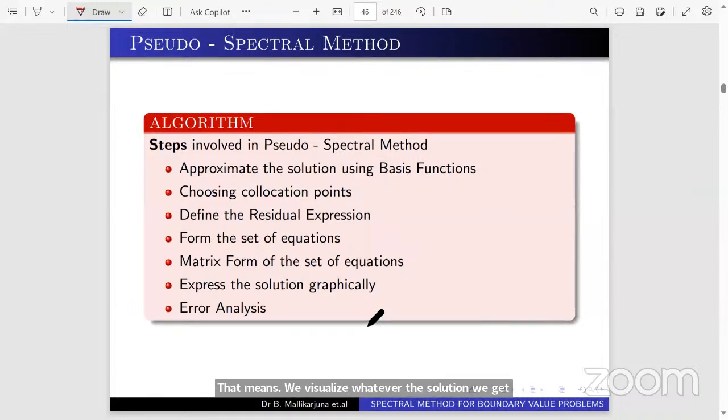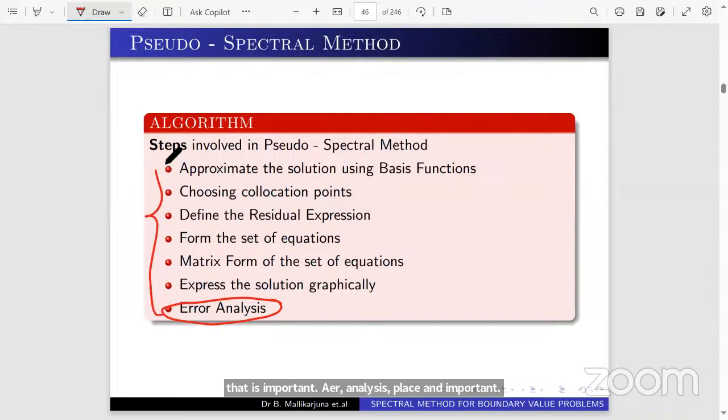Then you compare with analytical, or maybe you cross check with the valid parameter values with respect to the physics concerned. So that is important. Error analysis plays an important role.